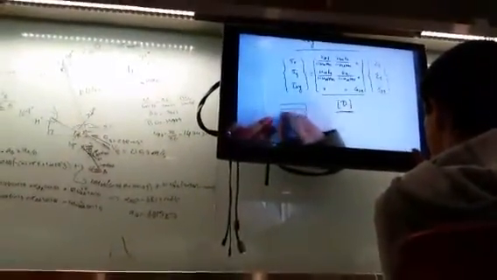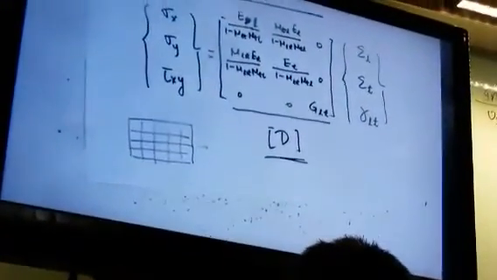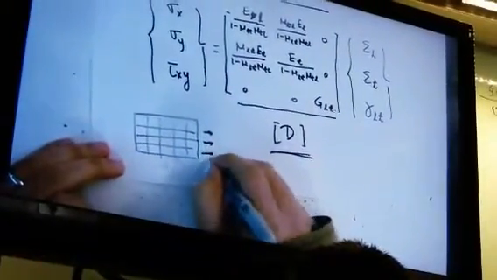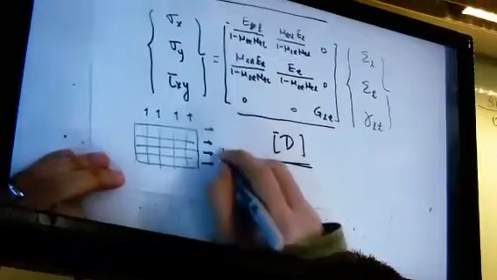This equation is used to relate the stress with the strain acting on a so-called spatially orthotropic composite. This is a spatially orthotropic composite. All of the filaments are along the sigma x or sigma y direction. This is sigma x, this is sigma y.